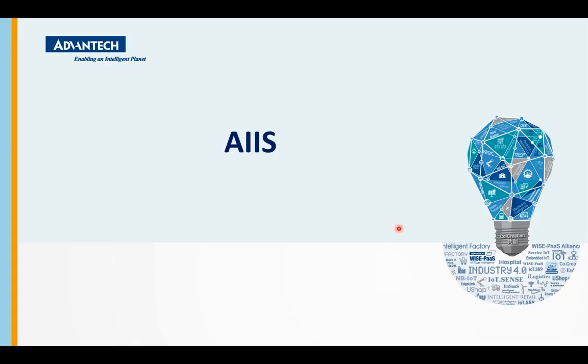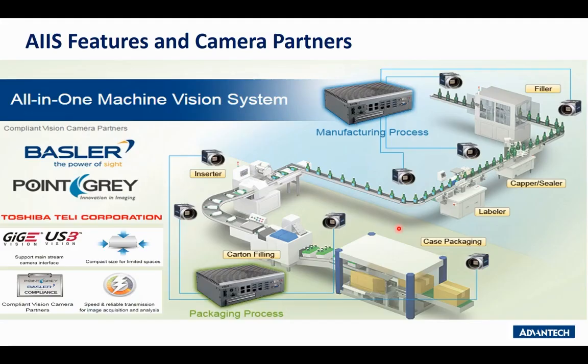Next, we have AIIS, which is a PC used mostly for cameras. Also, this PC has compliant camera vision partners. As you can see, these are the partners that collaborate with Advantech.